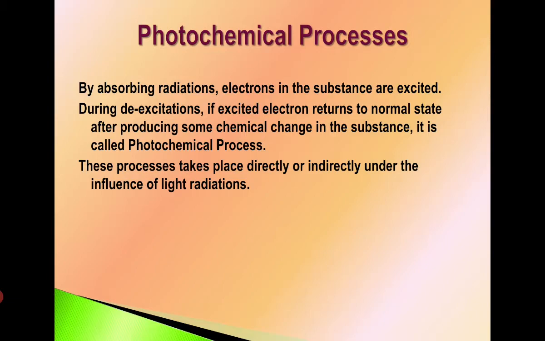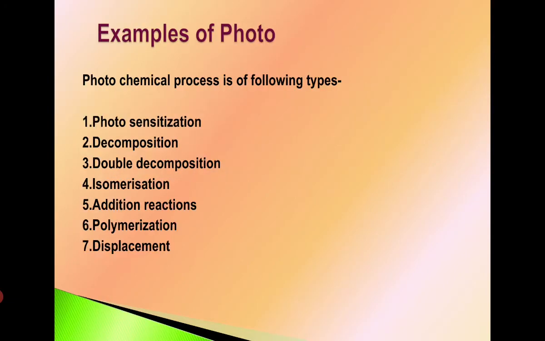And in a photochemical process, they get excited and de-excited after producing some chemical change in the substance. These processes take place directly or indirectly under the influence of light radiations.